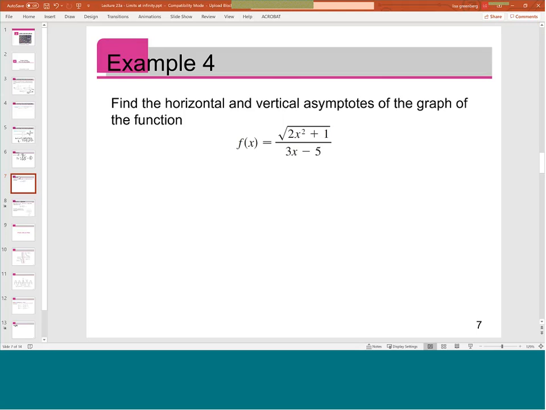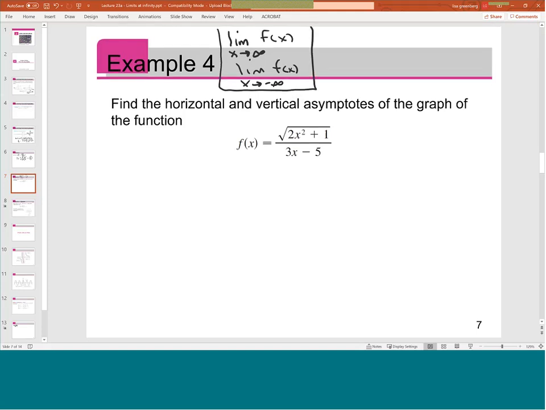If I use the last problem as an example, first of all, to find horizontal asymptotes, I need to know what the limit as x approaches infinity of some function is. And I also need to know what the limit is as x approaches negative infinity of some function. And the only time that these are definitely the same is when we have a rational function.